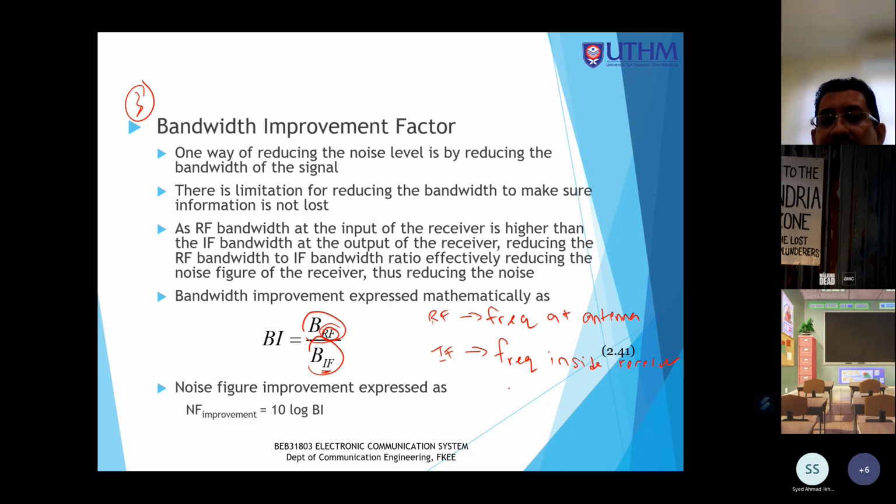Inside the receiver after down conversion. Nanti saya cerita tentang IF. Okay, sekejap lagi saya cerita tentang IF. So perbezaan bandwidth antara RF dan juga IF, maka terhasillah bandwidth improvement factor.